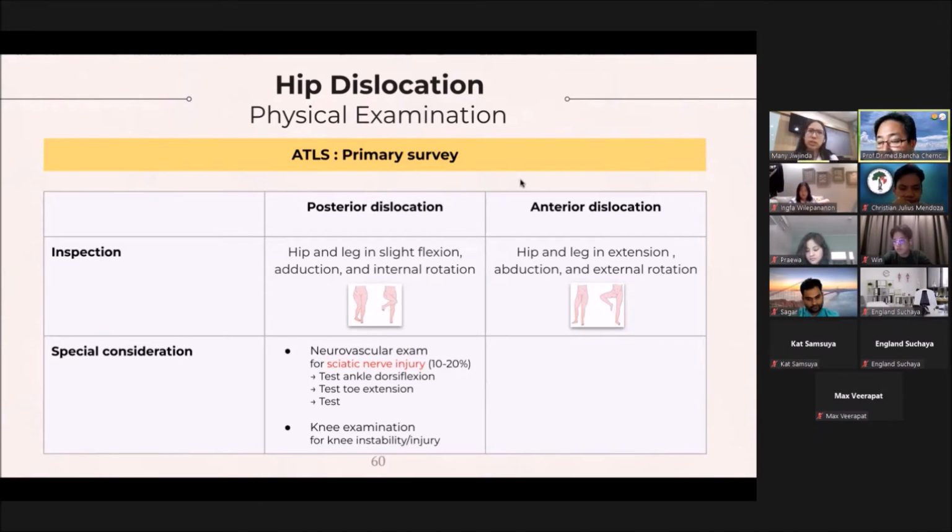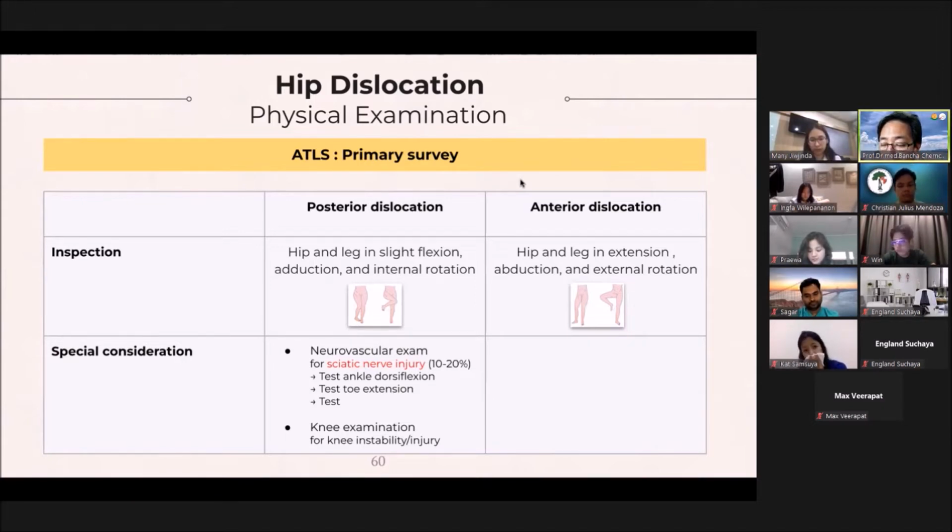For sensory, there are two components, the peroneal part and the tibial part. But most of the time the peroneal part is more vulnerable to injury. The patient will have foot drop if the nerve is injured. So very simple.